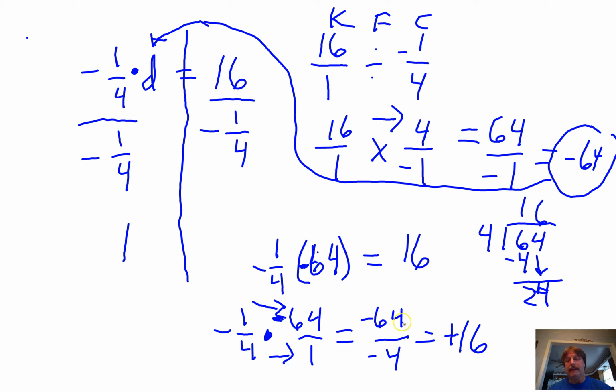Okay, and then you go ahead and do the division, and I showed that longhand over here. So 4 goes into 6 one time, so 6 minus 4 is 2. Bring down the 4. 4 goes into 24, I'm sorry, 6 times. So that gives me 16. And again, a negative divided by a negative gives me a positive.